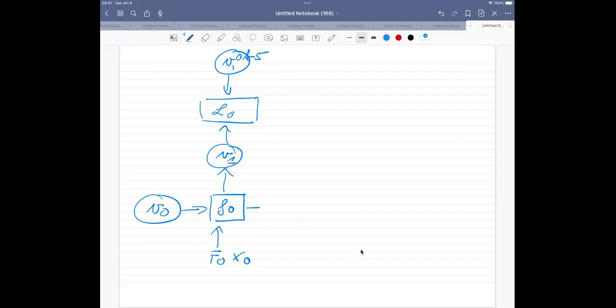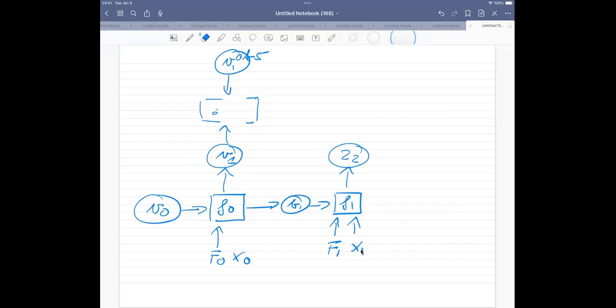Now, this output here, V1, then goes into the next step, which is my F1, which also receives an input, X1. It produces a V2. So this should be 1 here, L1.